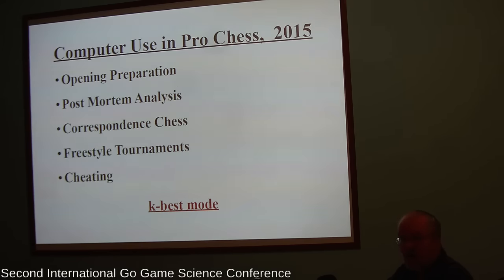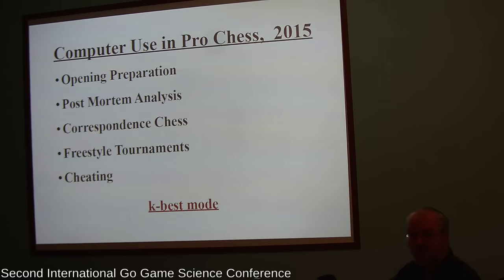Postmortem. Correspondence chess only works on a high level with computer help, and it is in particular fully allowed to use computer help in correspondence chess. There are freestyle tournaments. The term freestyle chess was introduced by Timo Klaustermeier and me in 2004.